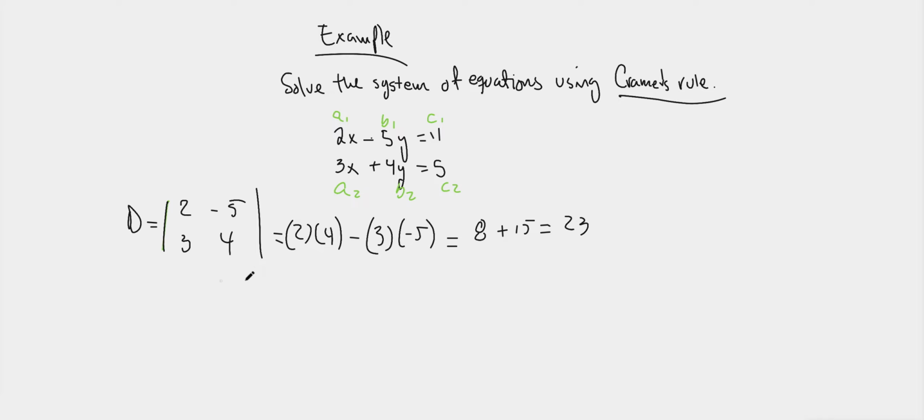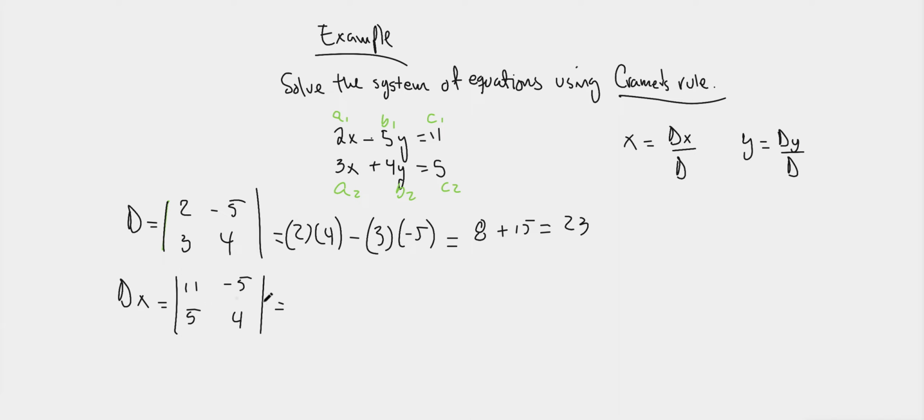Now the next thing that we have to do is find the determinant of x. Remember that the reason we're doing this is because x is going to be the determinant of x divided by the determinant of the constant, and y is going to be the determinant of y divided by the determinant of the constant. So the determinant of x is going to be 11 and 5 here, and then negative 5 and 4.